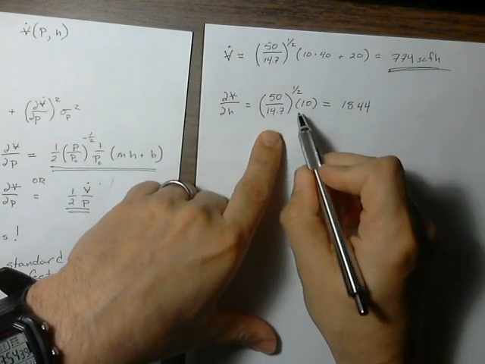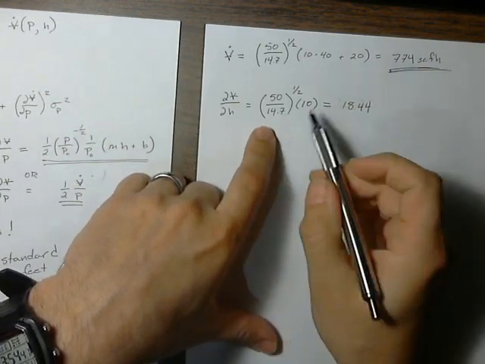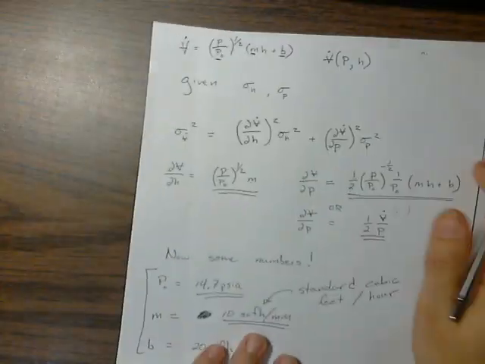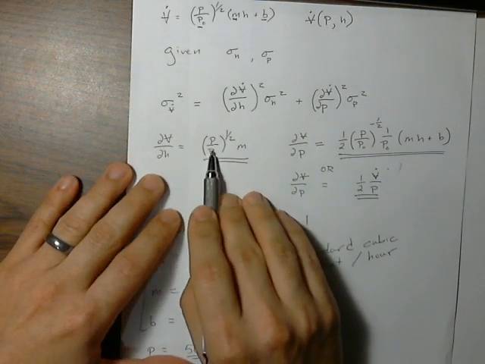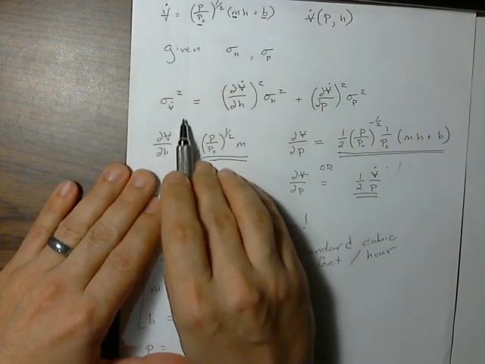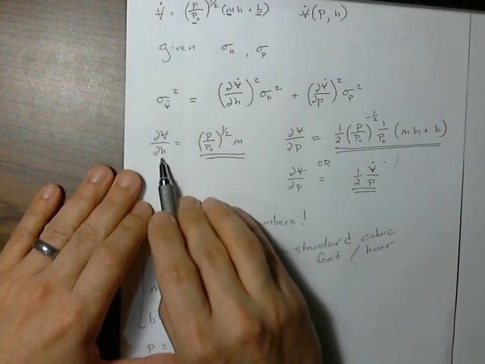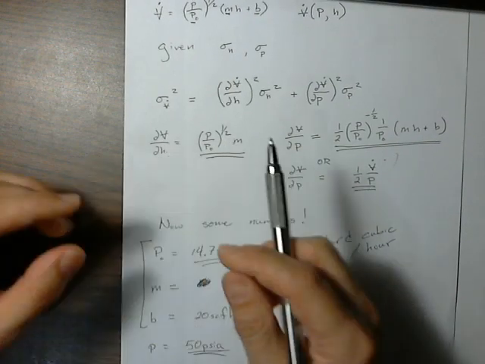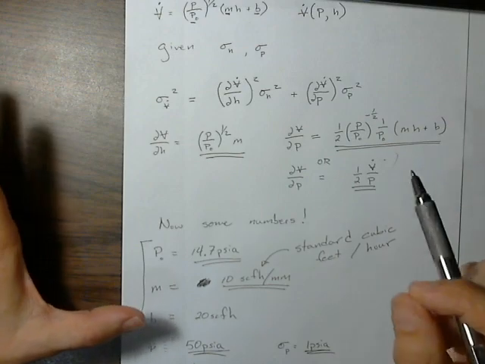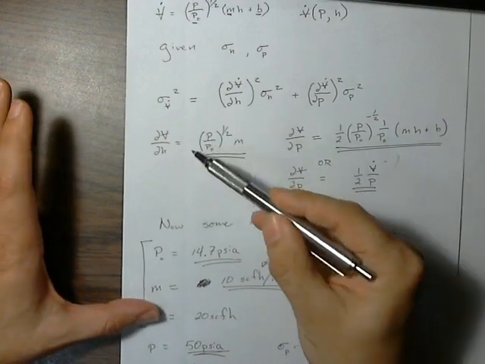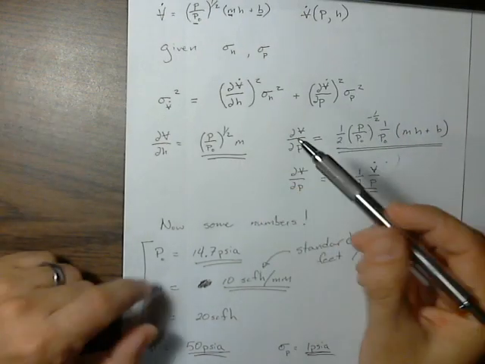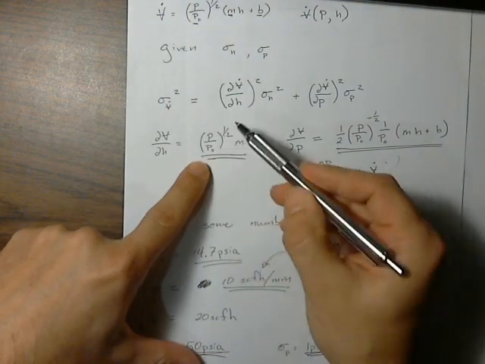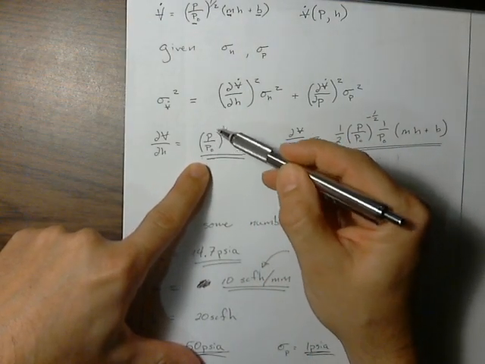Now what are the units on this? Let's take just a moment and think about units. So our original equation was this. The partial derivative, the sensitivity of volume flow with respect to height. So how much does volume flow change per change in height, right? If I hold everything else the same and I just wiggle height around a little bit, how much does the volume flow change? Well, the guts of this parentheses are dimensionless.